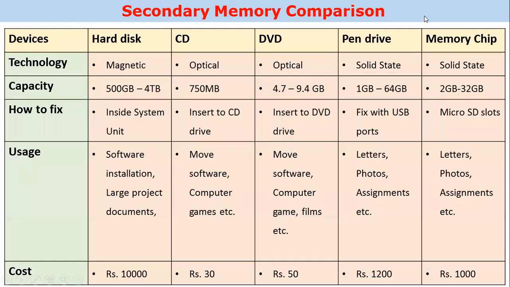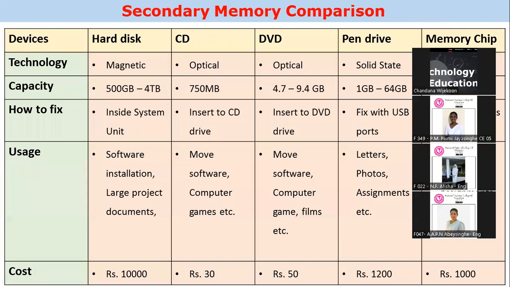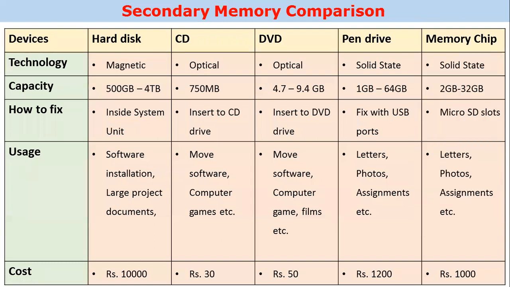Actually, we already know what secondary memory is. When we consider memory, there are two main types: secondary memory and what is the other type? Can someone tell me what the two types of memory are? One is secondary, the other one is primary memory. That's the two main types of memory.